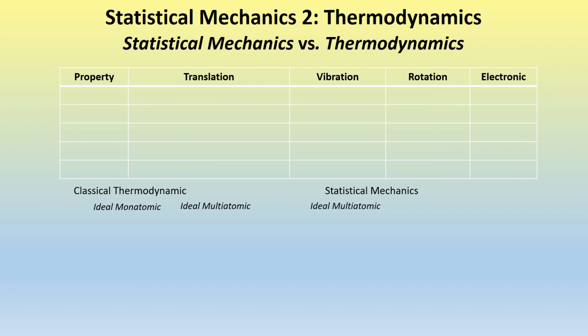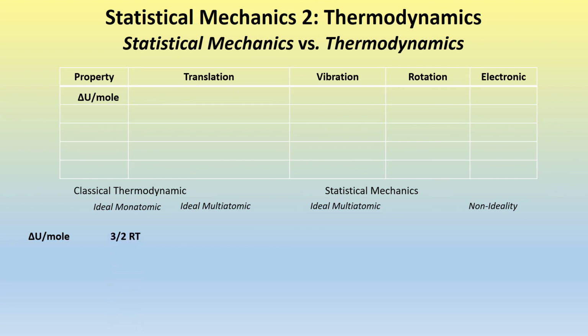Non-ideality comes into play through the vibrational energy of the molecule, which is small but still present. Similarly, for the enthalpy, you learned in classical thermodynamics that an ideal monatomic gas has a standard enthalpy of 5/2 RT, while a multi-atom molecule has an ideal enthalpy of 7/2 RT.